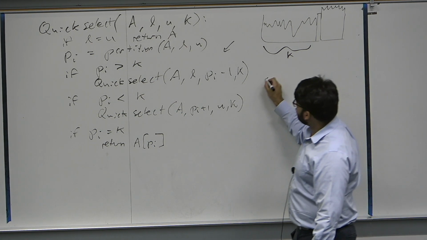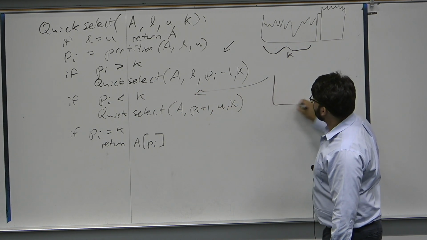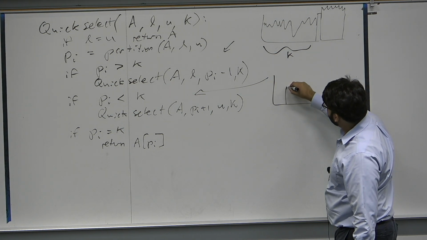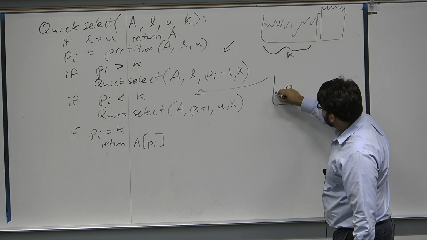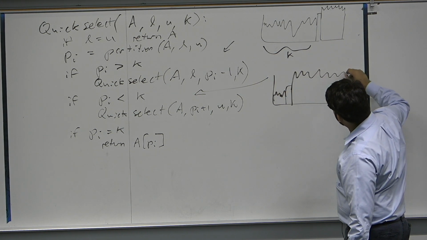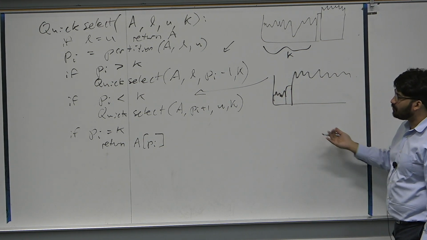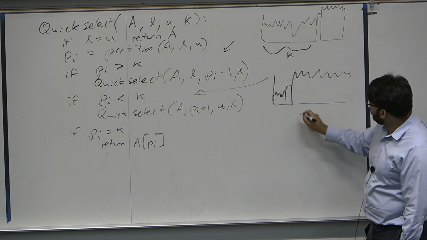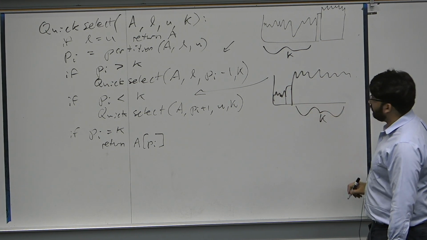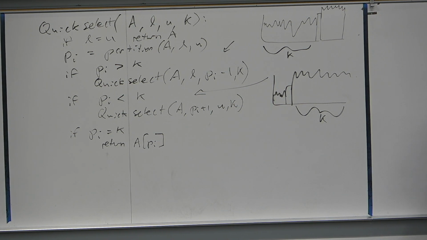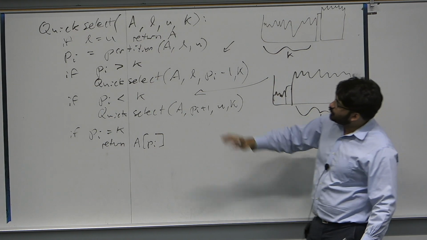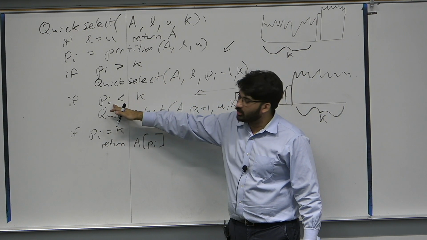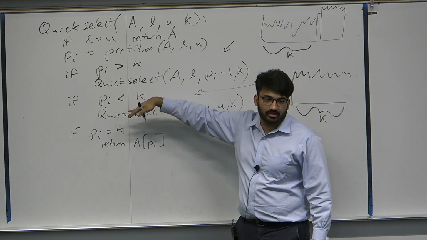Now, in this case, let's suppose we chose our pivot too small. If k happens to be bigger than the pivot that's chosen, we know that k is somewhere over here, right? We choose the pivot perhaps randomly, and we only learn what the pivot index is after the partition completes.